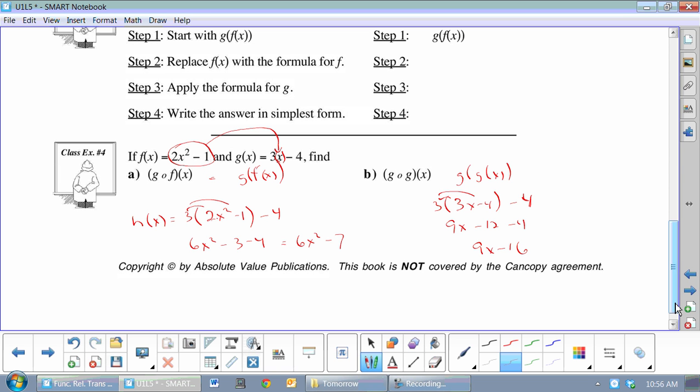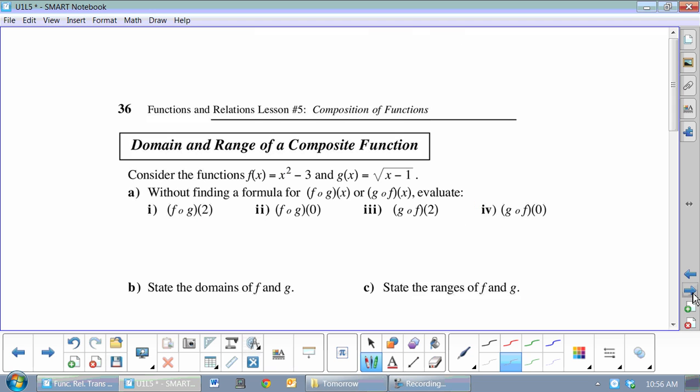Okay, now just in case you were understanding this, let's try and do some more confusing stuff. Now I know that looks like fog 2, but that's f of g of 2. Now, what that is saying is, where does the 2 go?